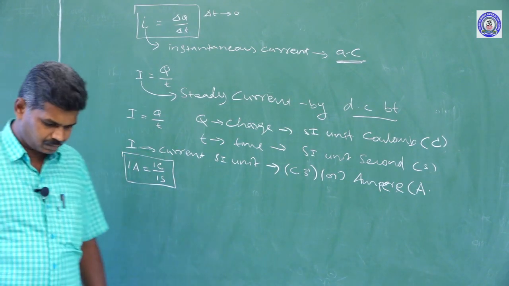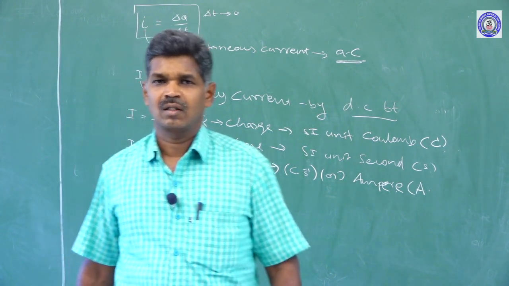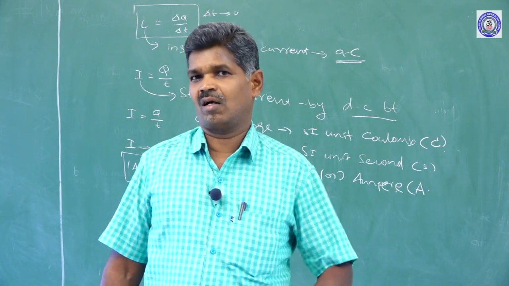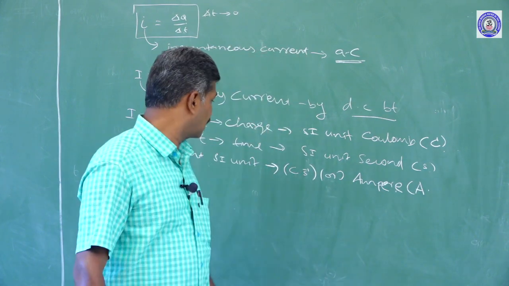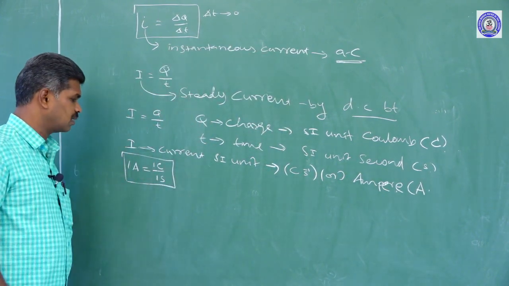The unit of current is 1 amp, that is ampere or coulomb second power minus 1.